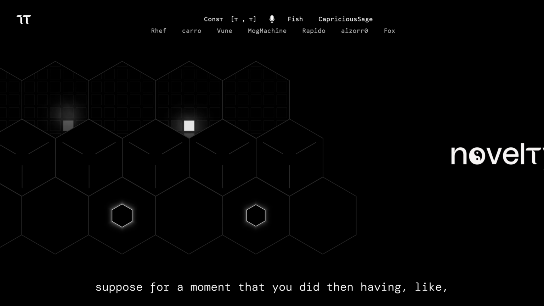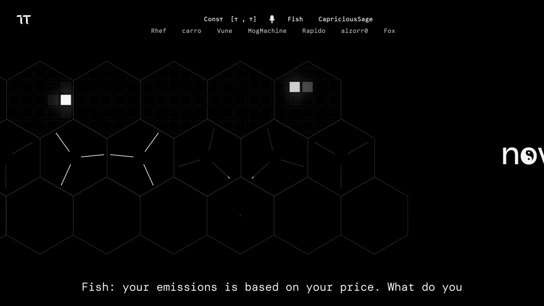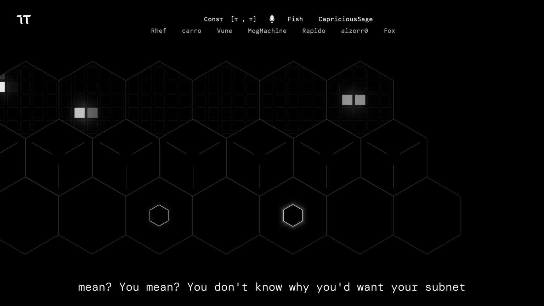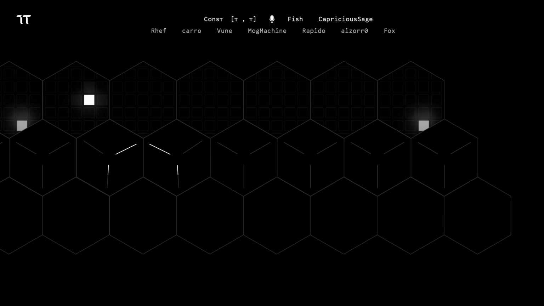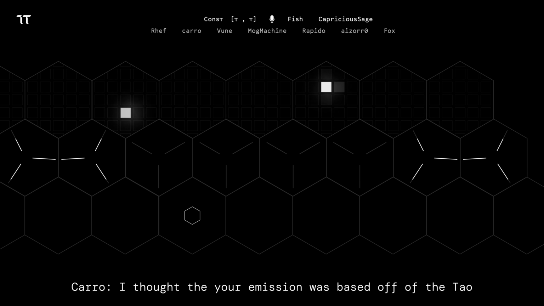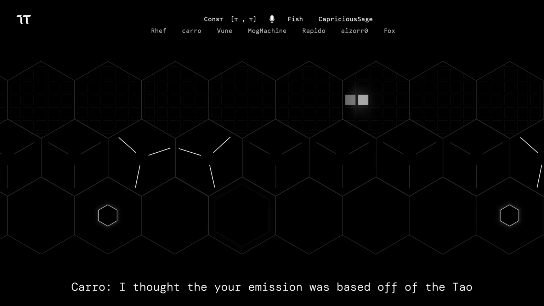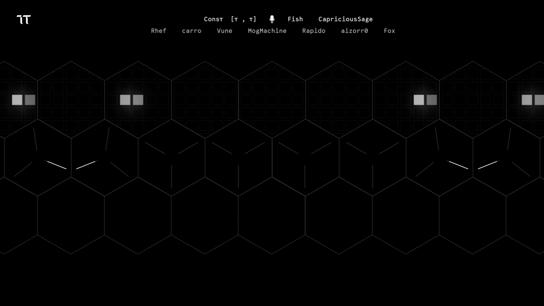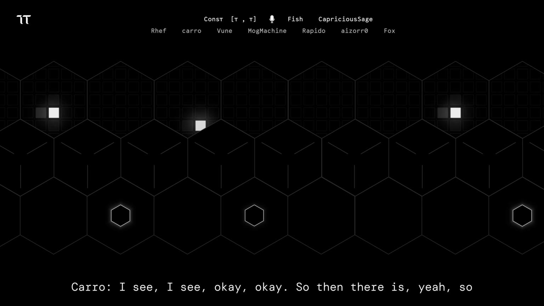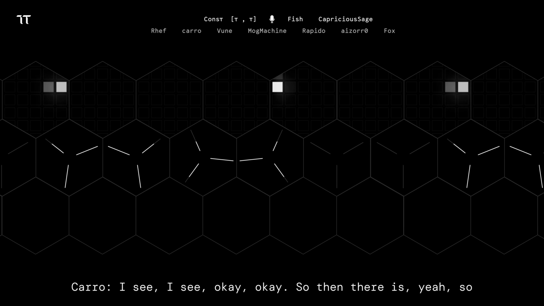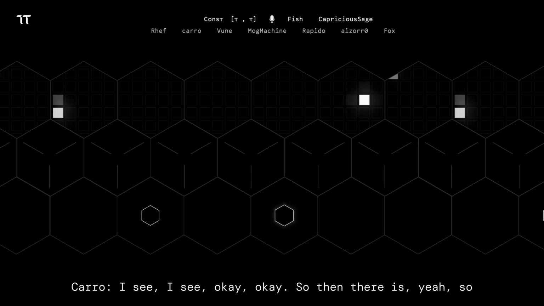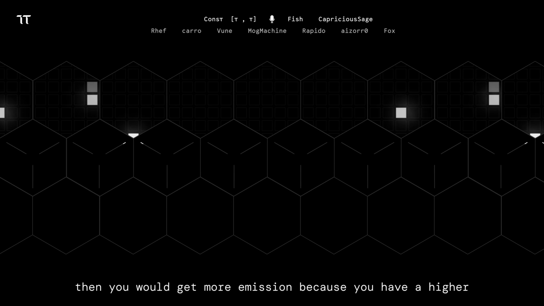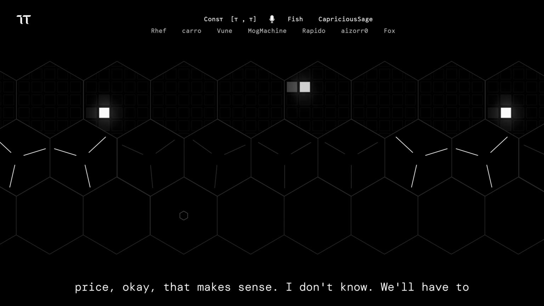Wait, I don't know if your emissions is based on your price. What do you mean you don't know why you'd want your subnet price to be high? I thought your emission was based off of the tau that's in the pool. No, it's based off your price. I see. Okay. So then you would get more emission because you have a higher price. Okay, that makes sense.